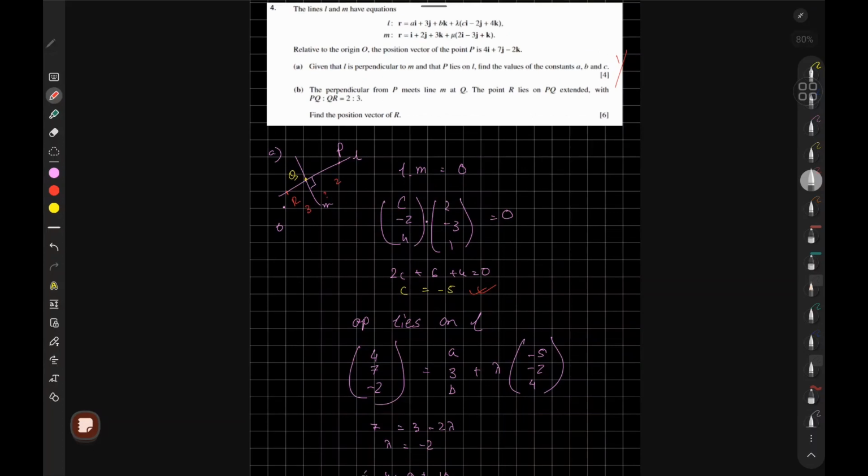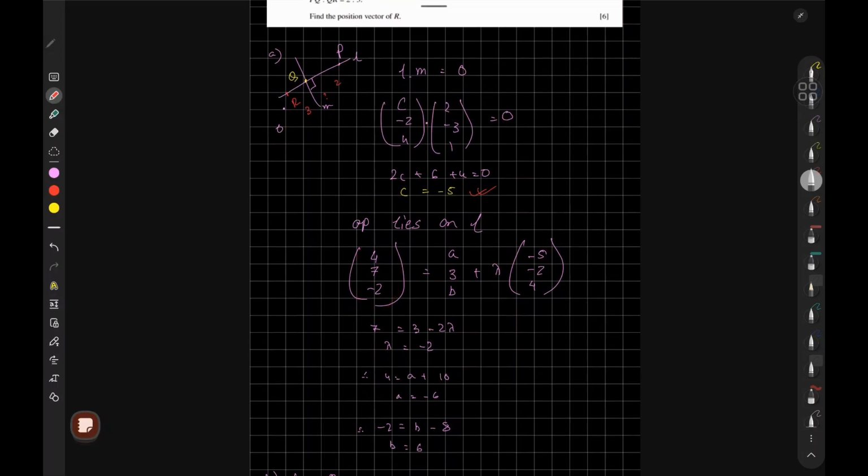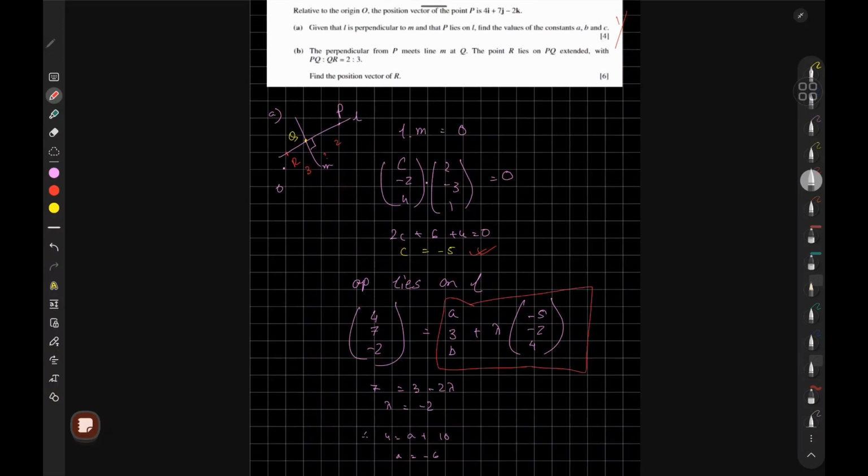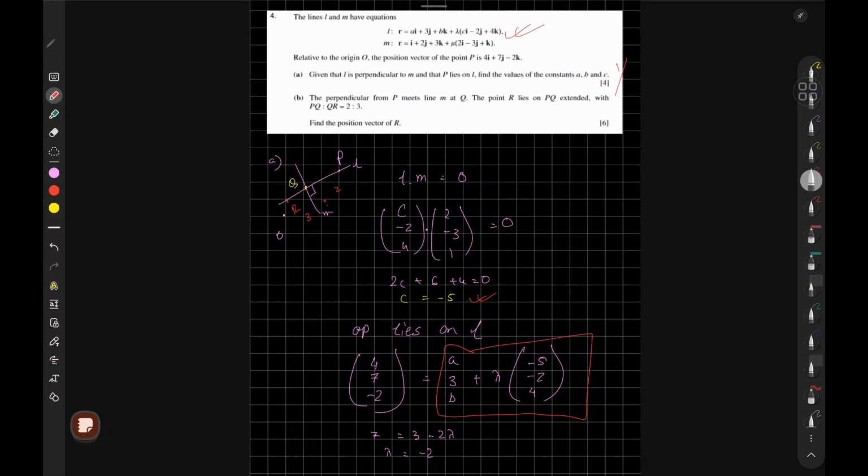So again, since OP, the position vector of P with respect to origin O, lies on the line L, as seen before with the other question, you can say this point is equal to the equation given by L. Since it lies on L, OP is a point given by the equation L, because for a certain value of lambda you will get the position vector for OP.